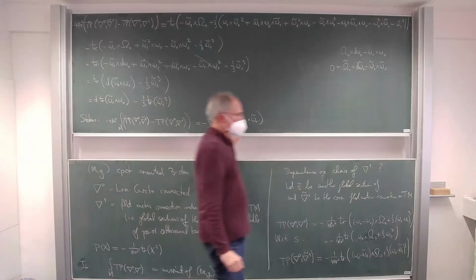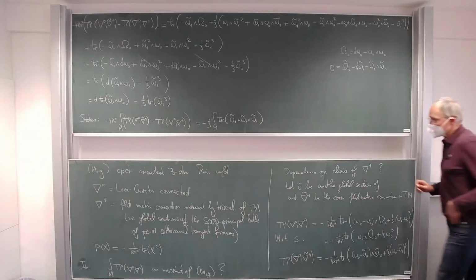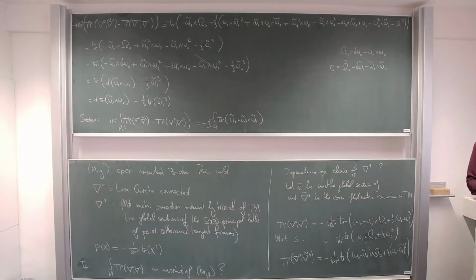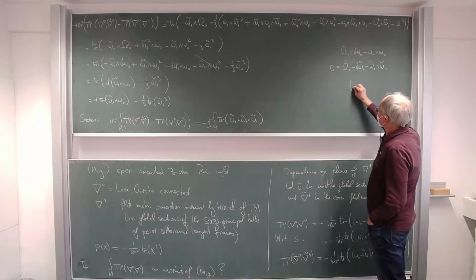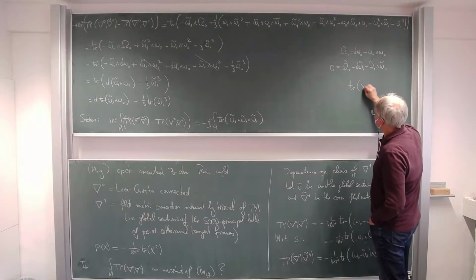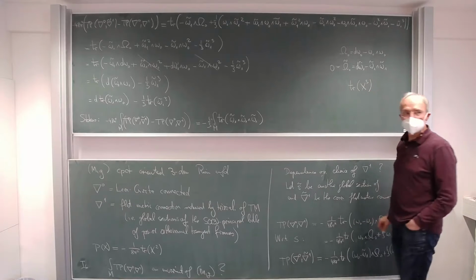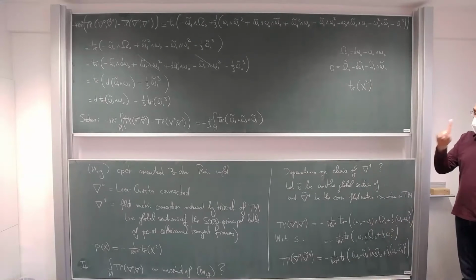So what is this term? Now one might be tempted to say that since we are here looking at trace of a matrix cubed, and remember these matrices are skew symmetric because we are working with orthonormal frames here.